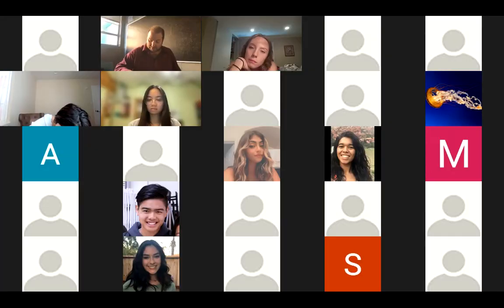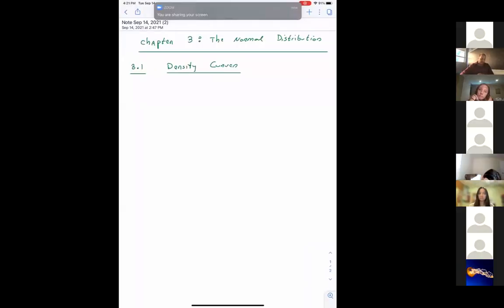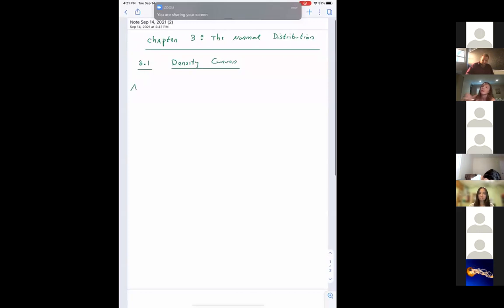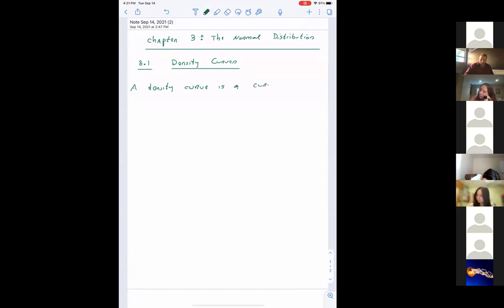So with that said, let's now write down what a density curve is. I kind of gave you 2 different viewpoints on it, one from the book and one from the applet. A density curve is a curve that meets 2 conditions.